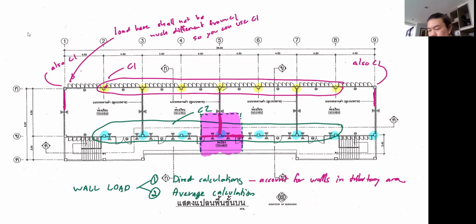Okay, so that would be a superimposed uniform load on the floor right away.